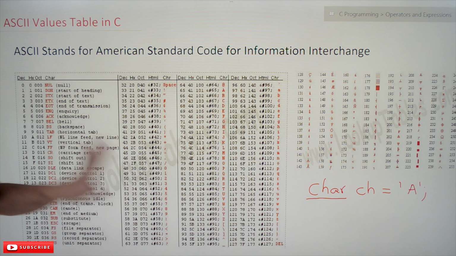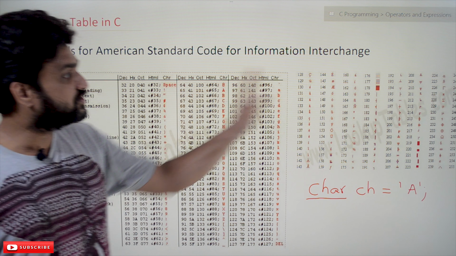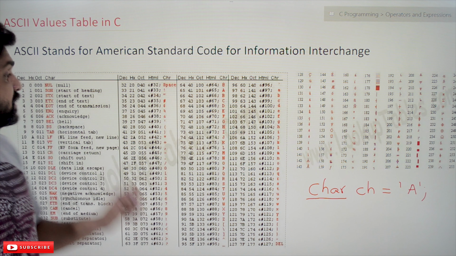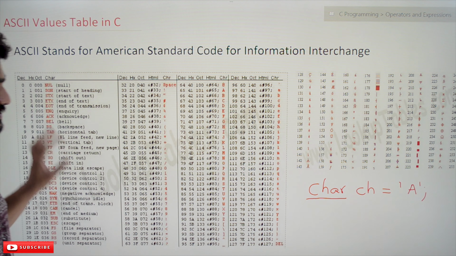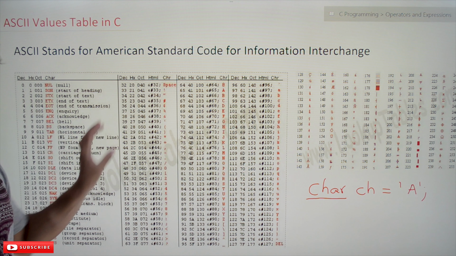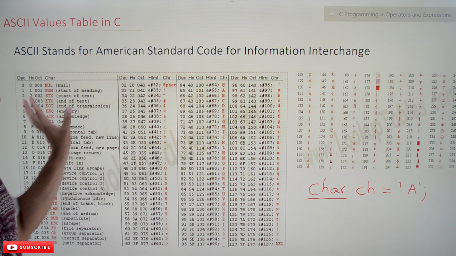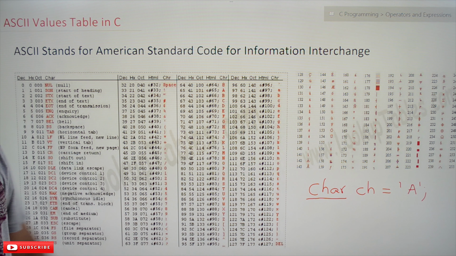Now all the compilers are using 256 ASCII codes, 0 to 255. All these special characters, alphabets, digits, everything is there within the ASCII table.